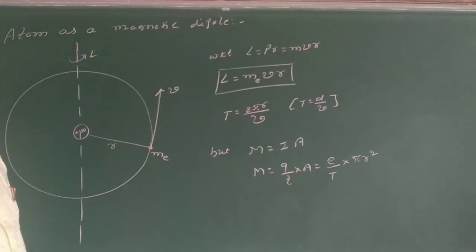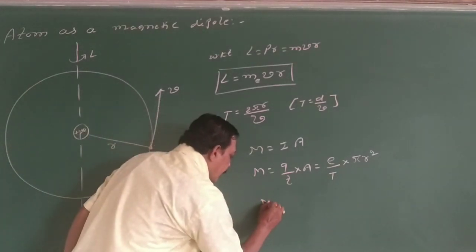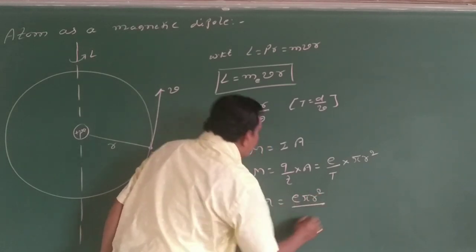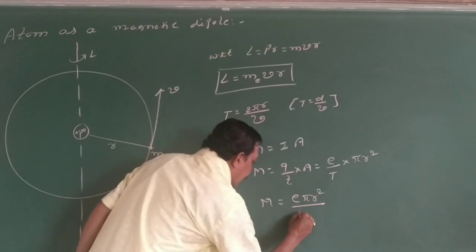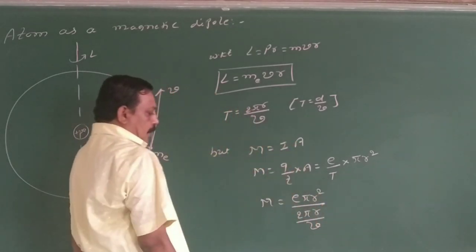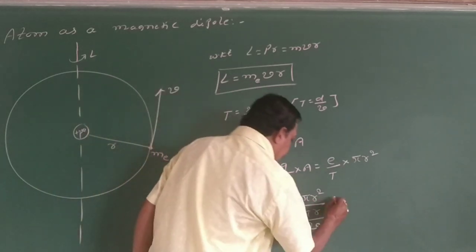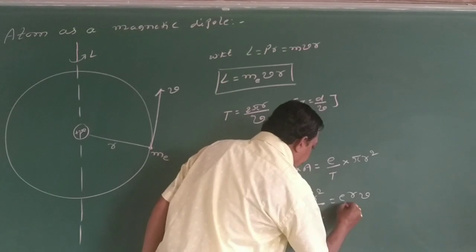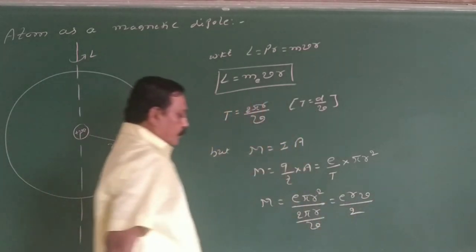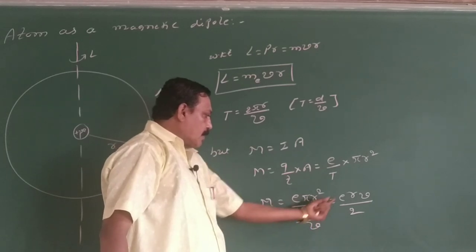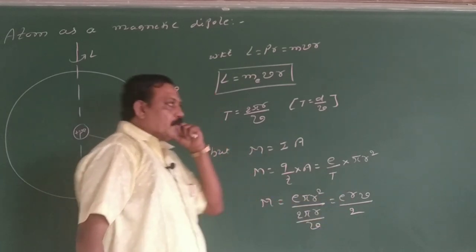Then M equals e pi r square divided by T, and T is 2 pi r by v. Pi cancels, one r cancels, v goes to the numerator, so M equals e r v divided by 2.